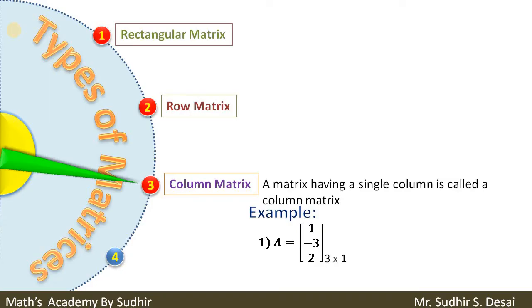Here the number of rows are 3 and number of column is 1. So a matrix having only one column is called as a column matrix. Again, this matrix is of order 2 by 1, 2 rows and 1 column. So a matrix having one column is called as a column matrix.